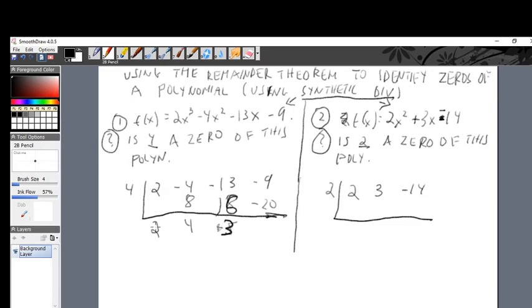Bring down the 2. 4 times 2 is 8. Negative 4 and 8 is 4. 4 times 4 is 16. Negative 13 and 16 is positive 3. So therefore, this is a 3.